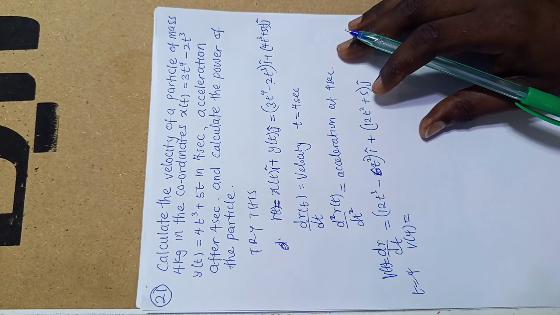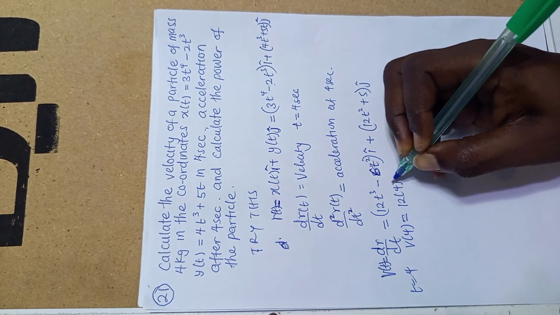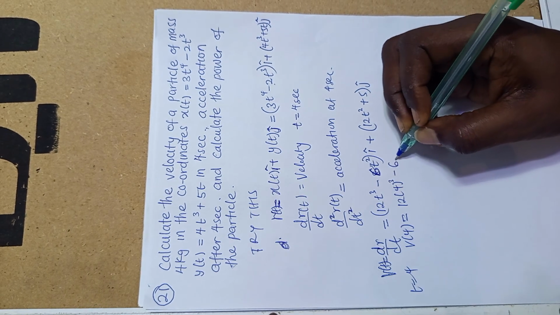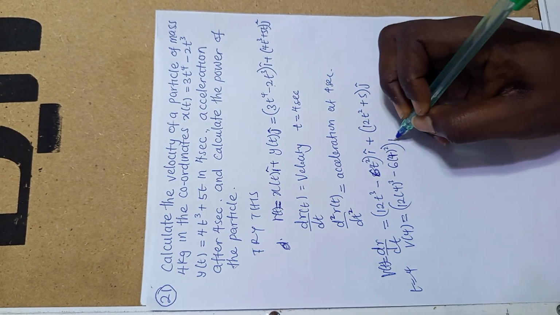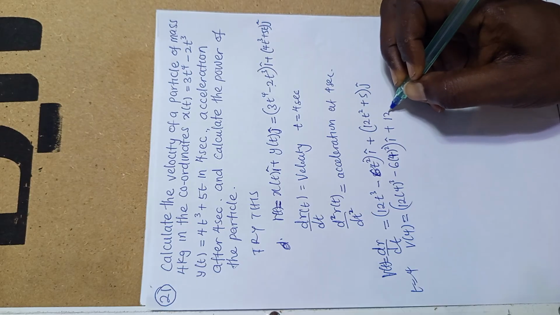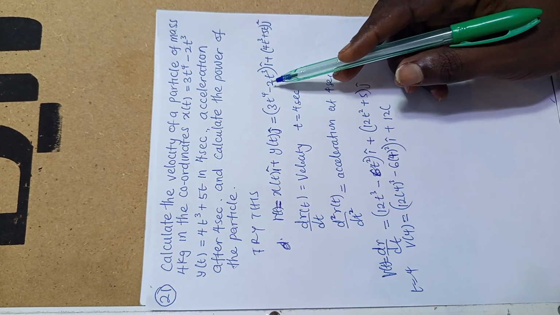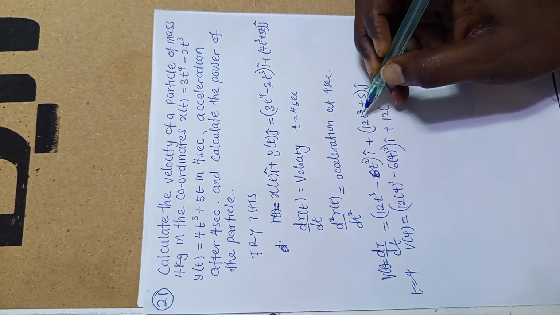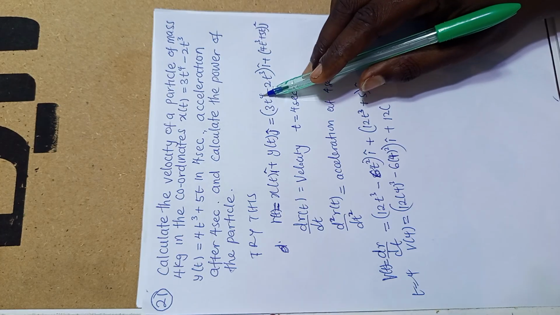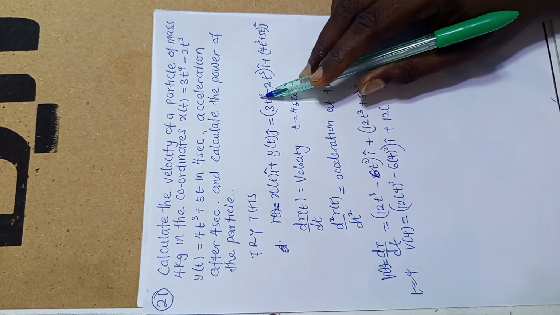If you do that, what you're going to have is 12 into bracket 4 cubed, minus 6 into bracket 4 squared, plus 12 into bracket 4 squared plus 5. This is from the 12t cubed: if you differentiate it, 4 times 3 is 12, remove 1.